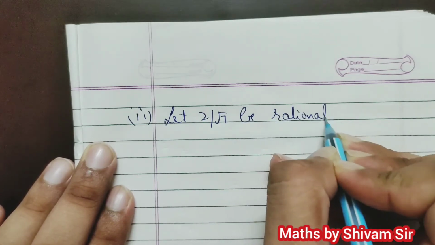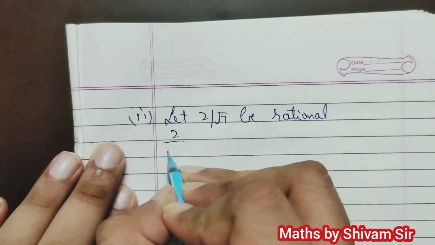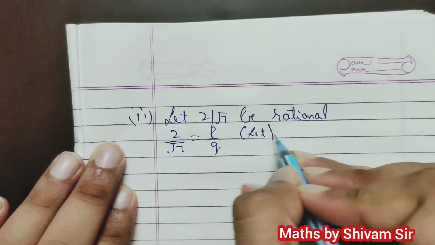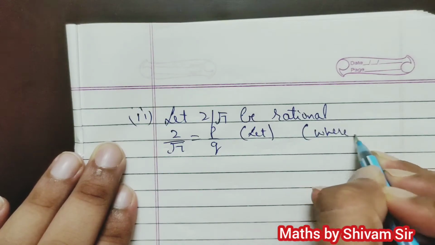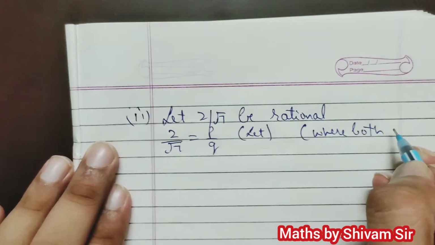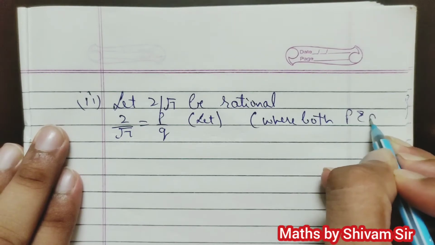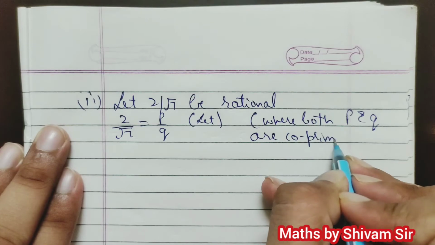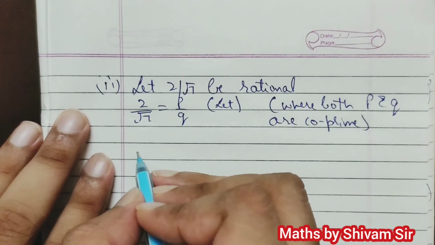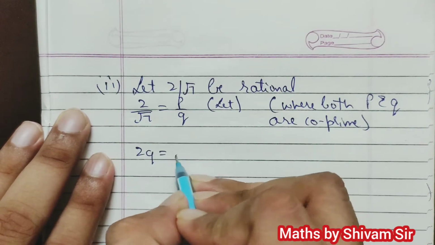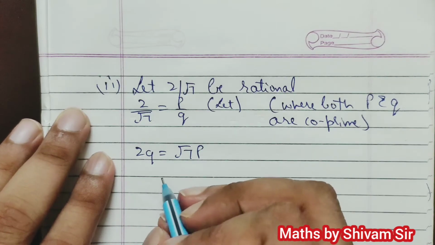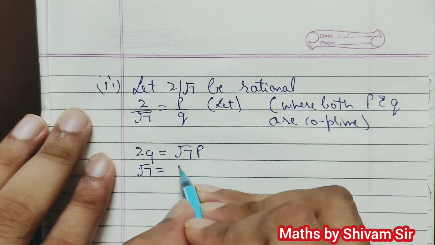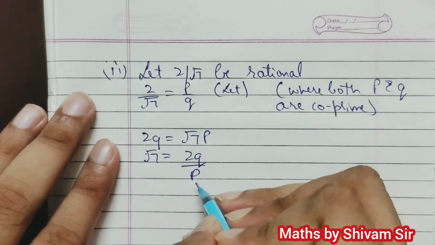So if 2 upon root 7 is rational, 2 upon root 7 can be written as p upon q, where both p and q are co-primes. So we can say 2q is equal to root 7 p, or simply we can say root 7 can be written as 2q upon p.